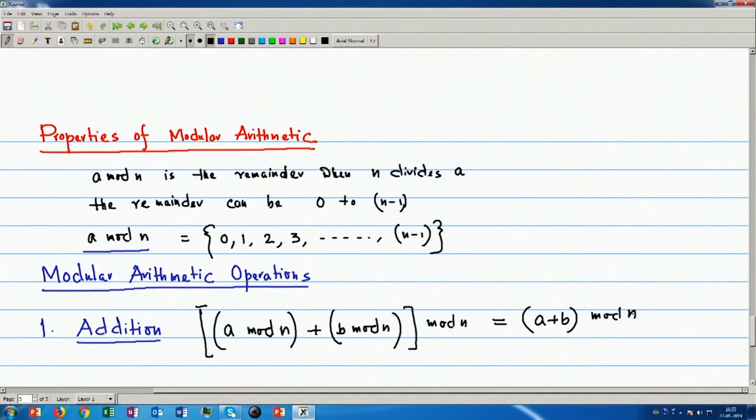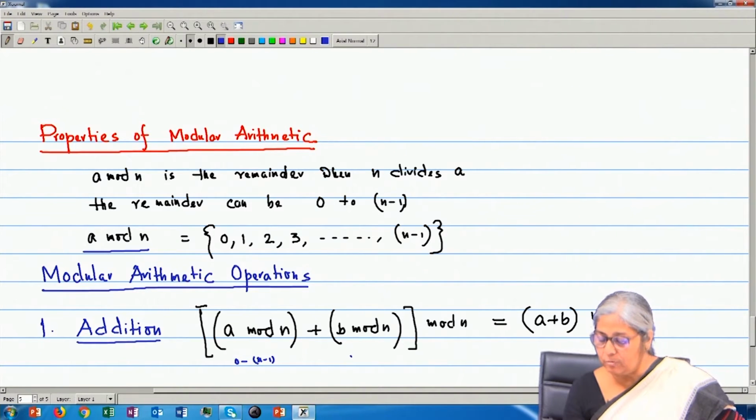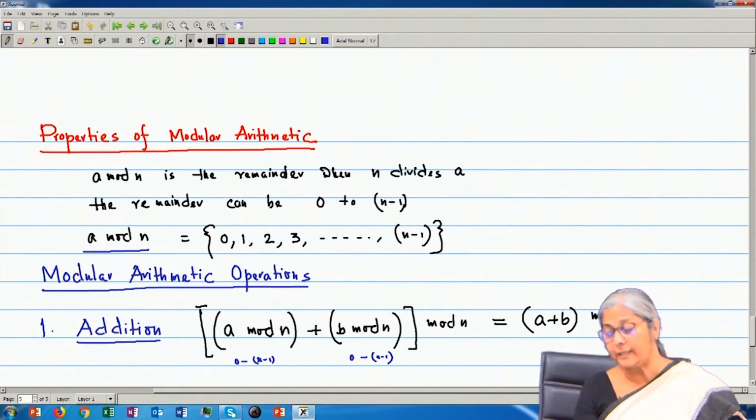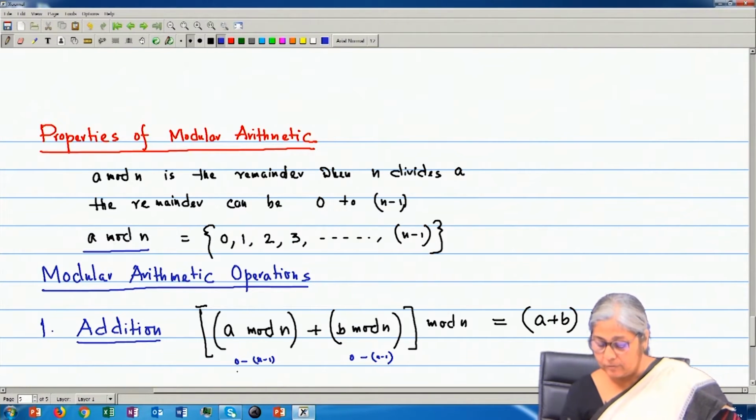See here, a modulo n is a set of any elements from 0 to n minus 1. Similarly, b modulo n, because it is divided by n, will again be 0 to n minus 1. So these are two numbers, and if I again take modulo n, the whole thing again becomes 0 to n minus 1.